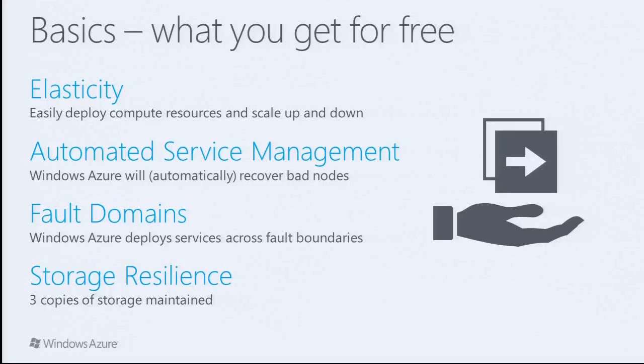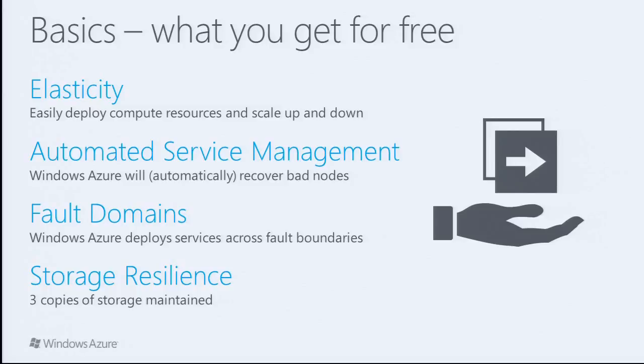We also, being mindful of failure, and if you operate data centers at the scale we do, then if you just take the mean time between failure of a hard drive, you can probably figure that one's just failed right now. So to mitigate against that and accept and embrace the fact that something could go wrong, we actually deploy you across different fault boundaries.